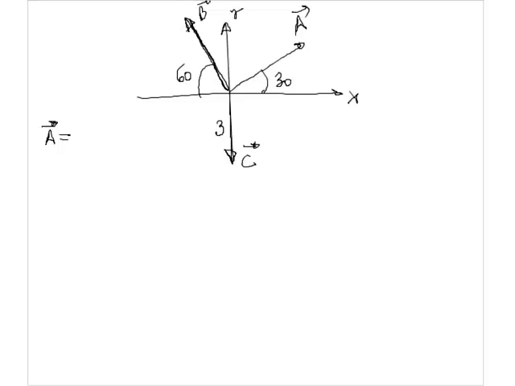So could you give me the functional form of A in component notation? In this case, of course, we do not know the magnitude of A, so we're going to call it A. Similarly, since we don't know the magnitude of B, we're just going to leave it as the variable B. So could anybody give me the functional form of the representation of vector A in component notation?